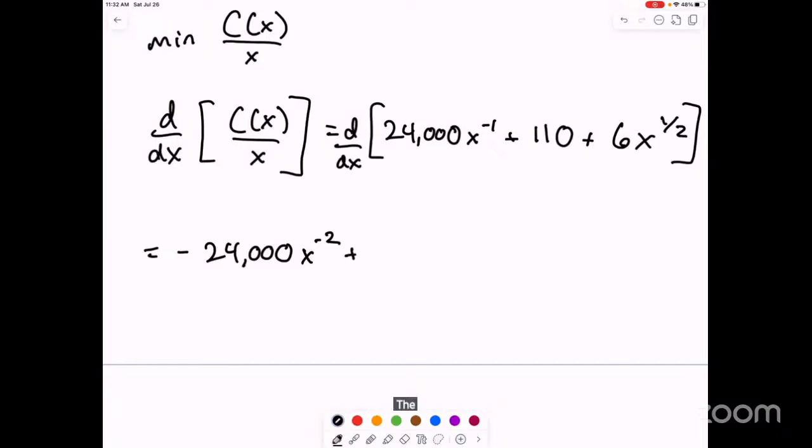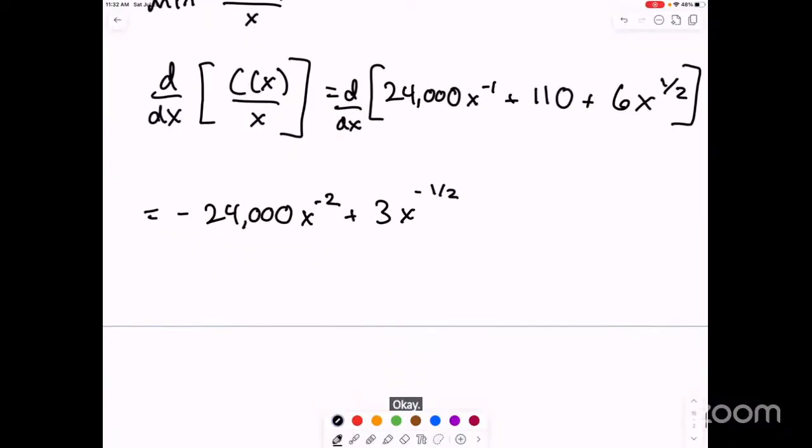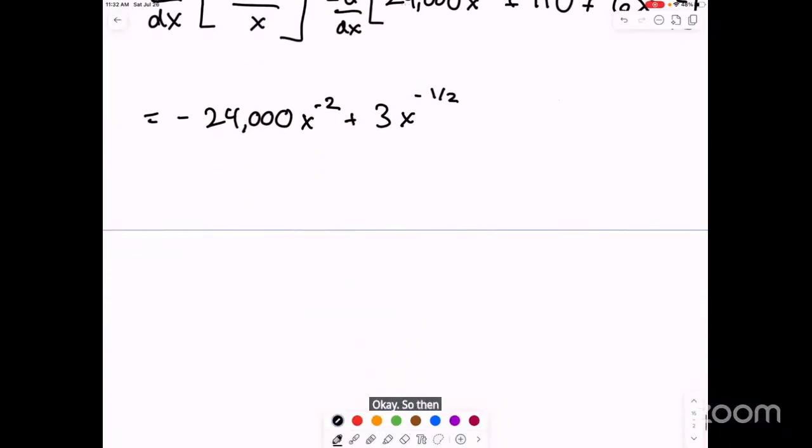The 1/2 comes down, becomes a 3 x to the power of a negative 3/2. No, not 3/2. The negative 1/2. Okay. So then, let me see. We got these negative powers.